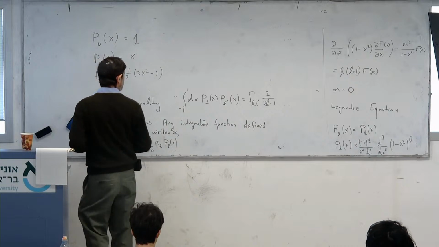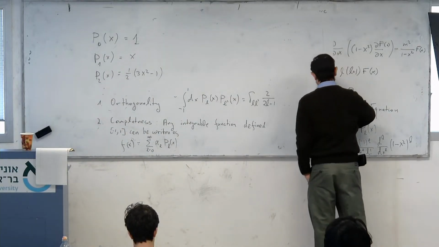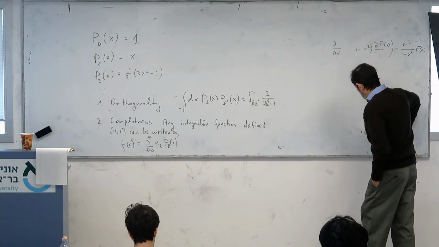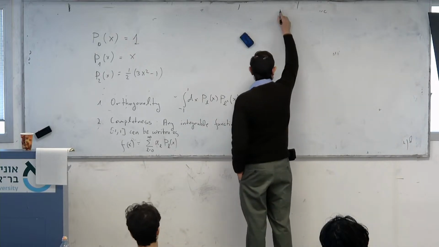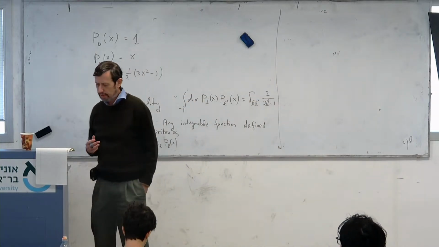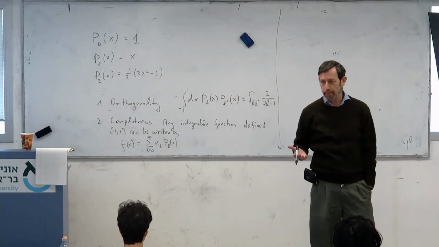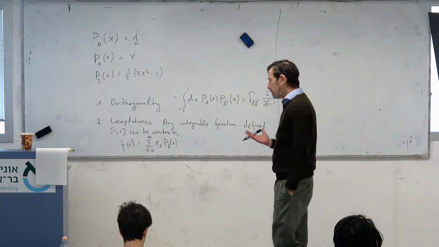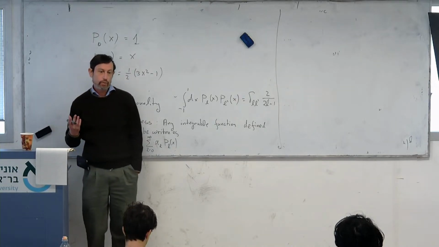Okay, generating function. Now, the point of giving all these properties, since we have found everything that we need to find already from the creation and annihilation, is mainly to give you some familiarity in the literature.